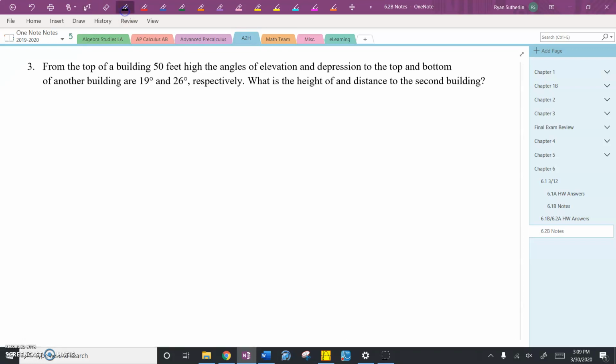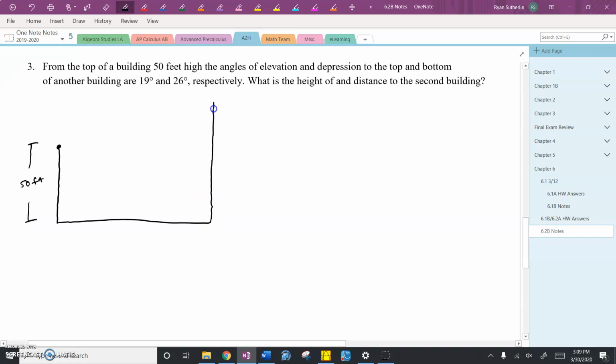So for this problem, we have a building that is 50 feet tall. So let's say this is that first building that we know the height is 50 feet. Now, there's another building nearby that is taller than the first building. And I know that because from that point, we have an angle of elevation of 19 degrees.